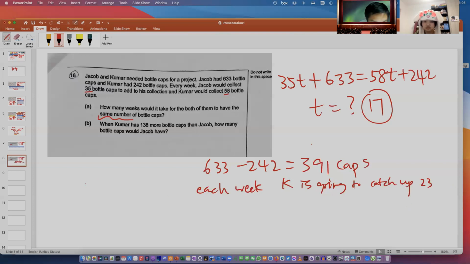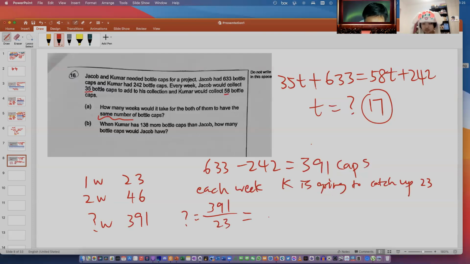So in one week Kumar can catch up 23, and in two weeks he can catch up 46. So after how many weeks can Kumar catch up this 391? The question mark is equal to 391 divided by 23. Can you help me check if you can get 17 also?